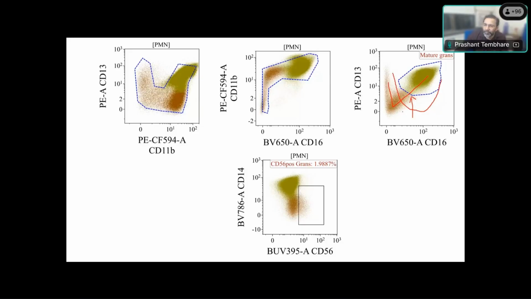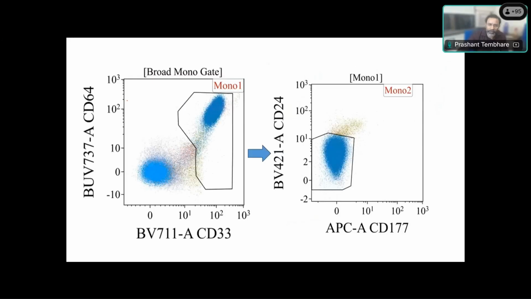Because of that, the maturation pattern is altered, and this part is showing some overexpression of CD13, because normally it goes like this. The tight expression is there, right? But this part is showing some aberrancy, and this part also. So there is some degree of dispersion in this part of the granulocyte maturation.